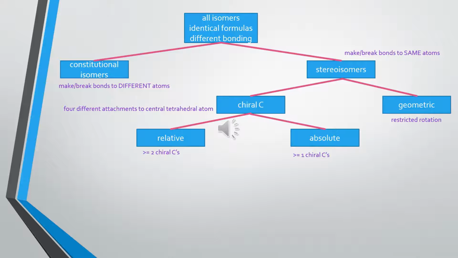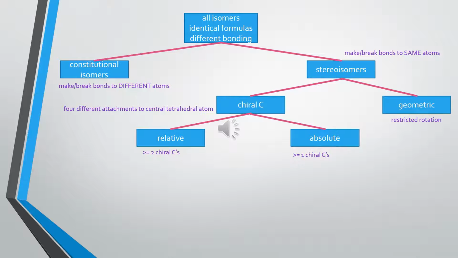So if two or more substances are constitutional isomers, they are constitutional isomers because to interconvert them, quote unquote, in theory, you have to make and break bonds to different atoms, as opposed to stereoisomers, where to interconvert two or more stereoisomers, you have to make and break bonds to the same atoms. Now, I know this doesn't mean much to you now. It will mean more shortly. So just bear with me for now.